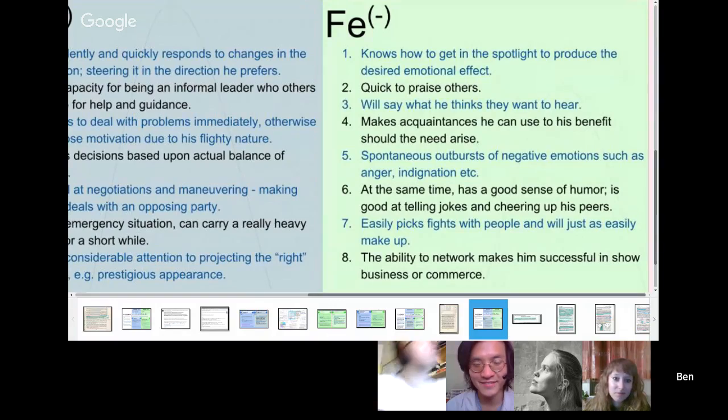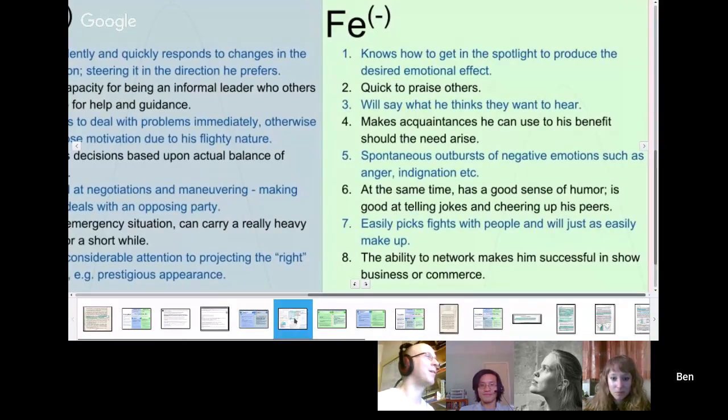And again, using it as a tool, makes acquaintances he can use to his benefit should the needs arise. That is a classic example of using FE, not for FE reasons, but for your own reasons, using it as a tool. And for ESFP, the ability to network makes him successful in show business or commerce, I suppose.